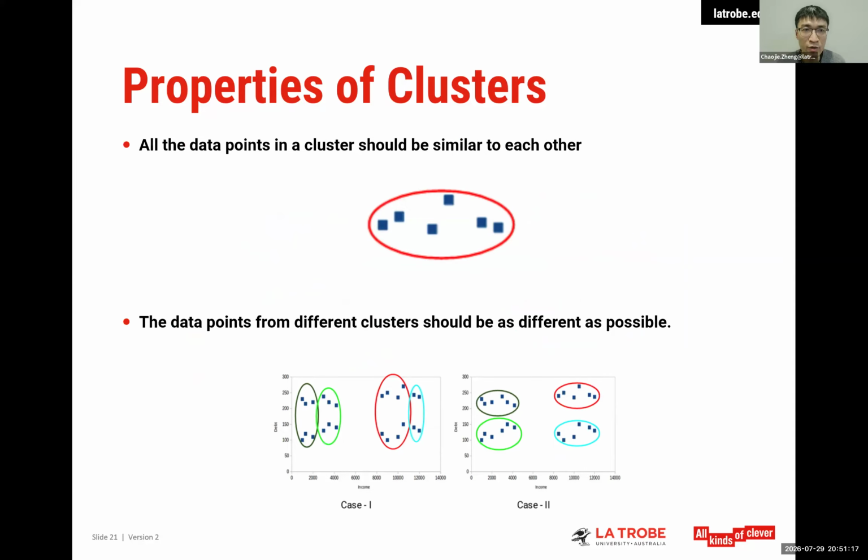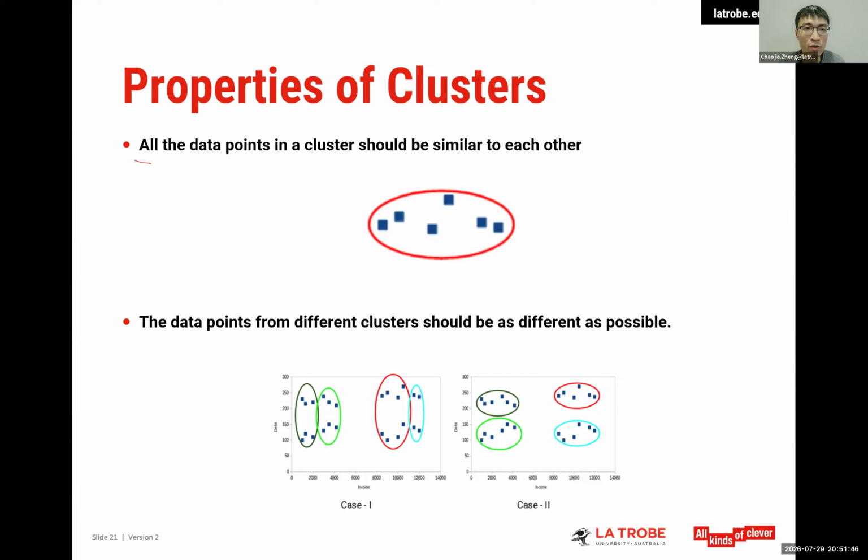And what is the ideal property for these clusters? These groups generated by the clustering model are called clusters. All the data points in a cluster should be similar to each other so that they can form the same cluster. And data points from different clusters should be as different as possible.